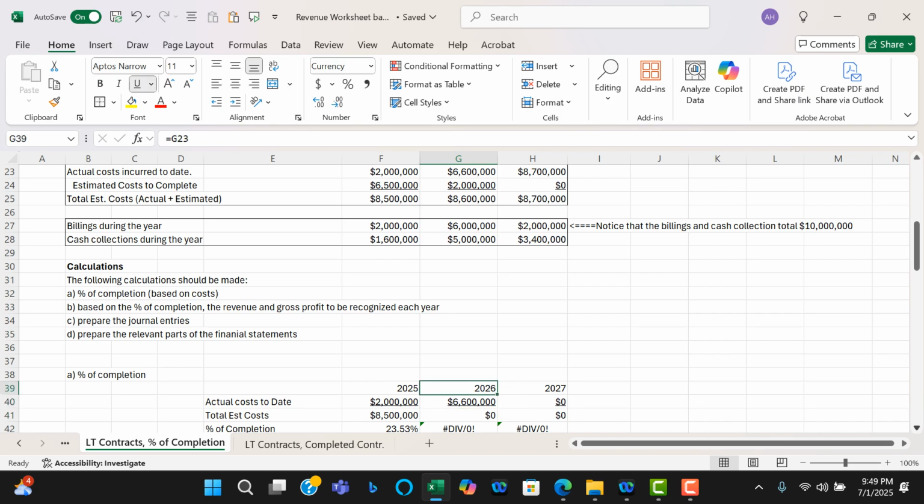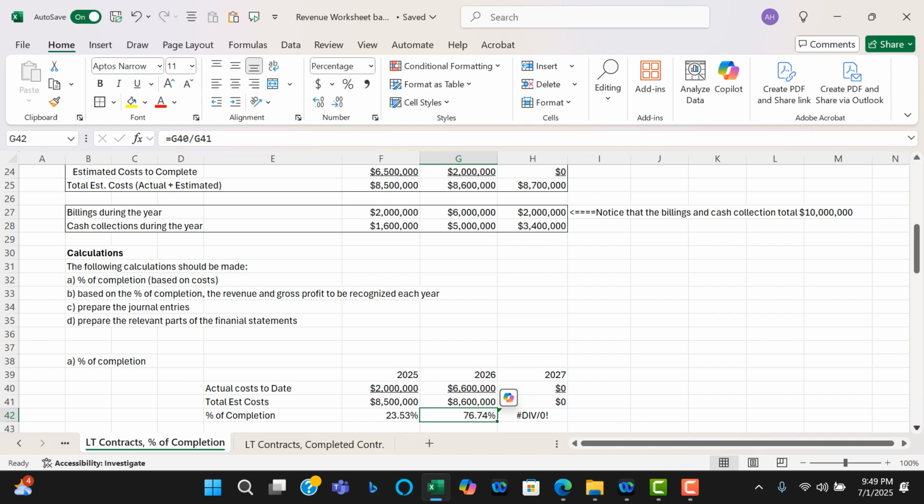You're 3 months from finishing the job at the end of 2026. You think you're going to incur another 2 million, so you're getting near the end. So if you take the actual 6.6 plus the estimated cost to complete of 2 million, you think that the total cost for the job will be 8.6 million. So you think you're about 3/4 of the way done, which kind of makes sense, at the end of 2026.